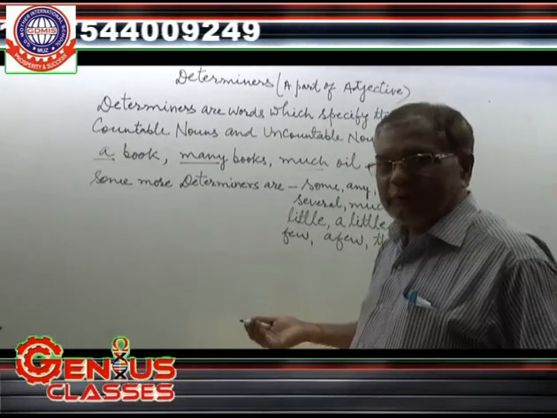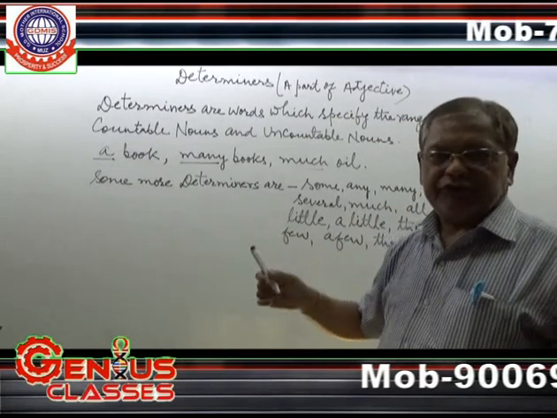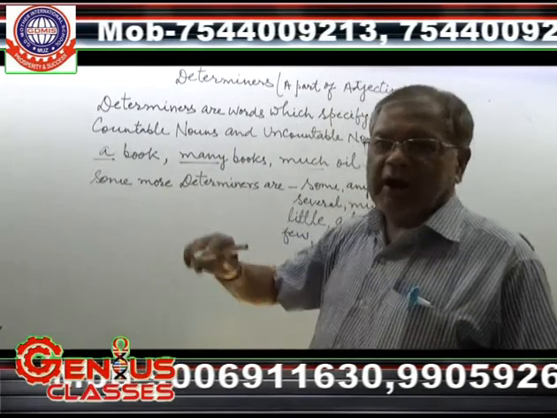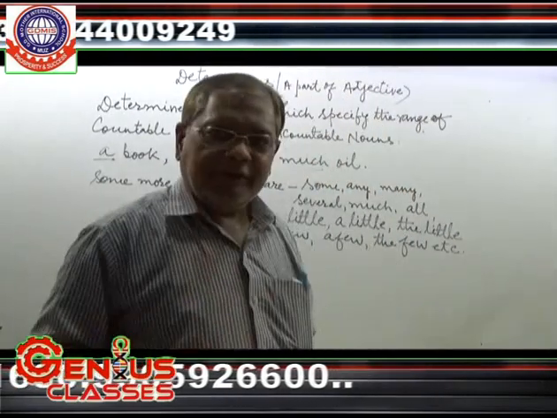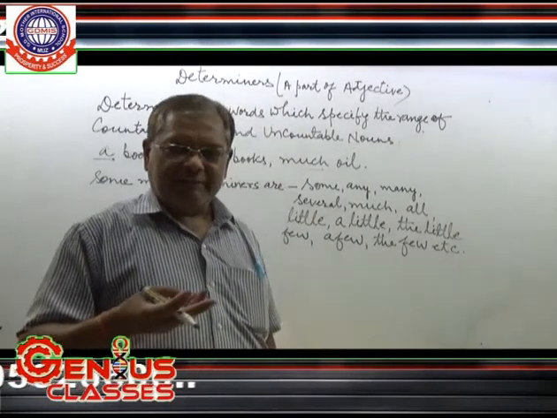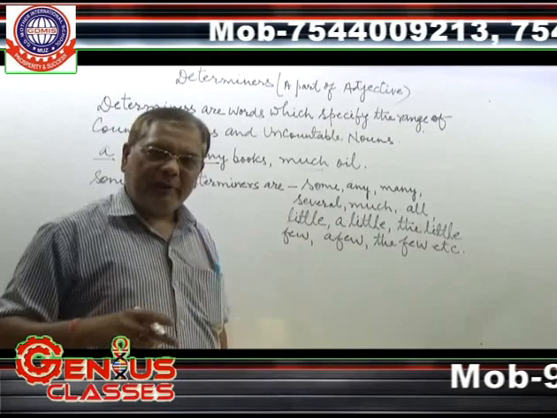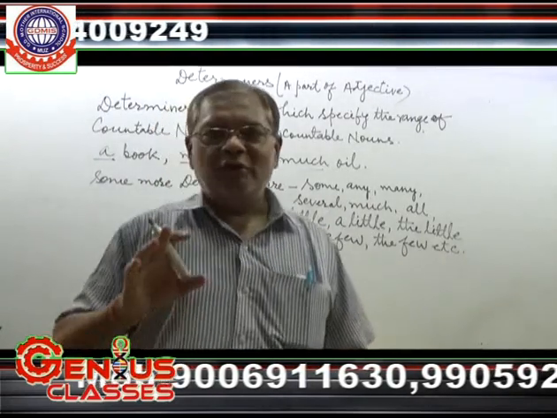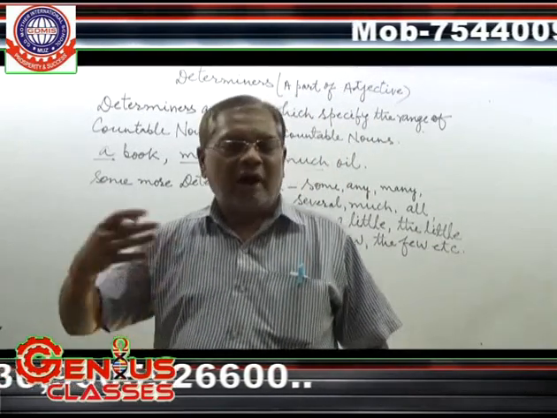Now let us know which words can be used for countable nouns and uncountable nouns. Countable nouns can be counted on fingers, whereas uncountable nouns cannot be counted, like oil, water, kerosene. These are all uncountable nouns.